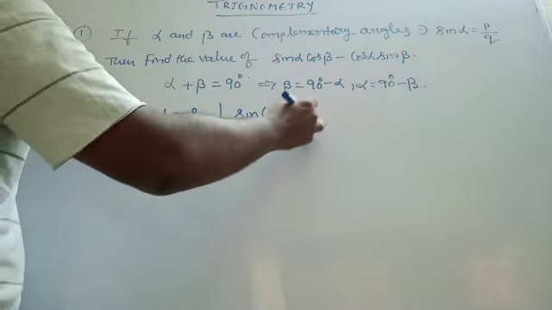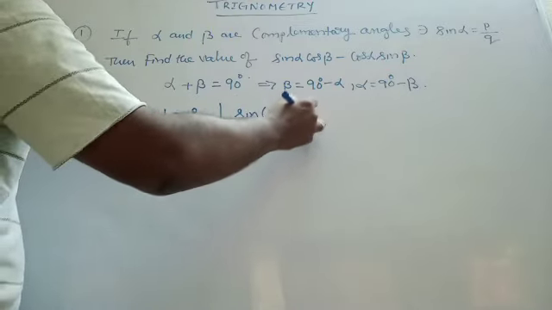We know cos beta, and let us find sine beta from this. Sine beta is nothing but root over q square minus p square, opposite side by hypotenuse, that is by q. This is what you call perpendicular by hypotenuse. Here cos alpha means the base or adjacent side by hypotenuse.